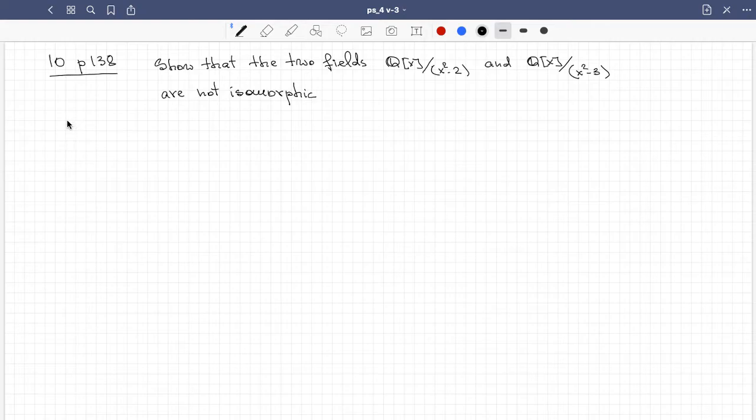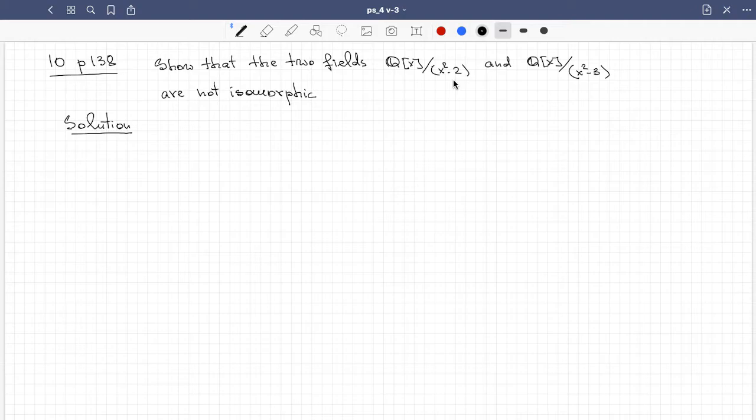So here is the solution. We need to show that two fields are not isomorphic. For that, we will make use of an explicit description of these fields, which we already did, at least for this field.